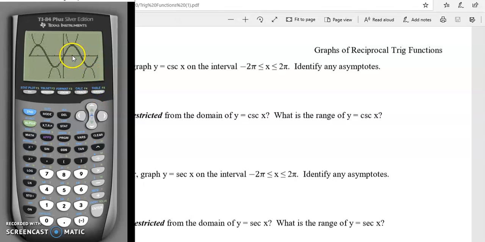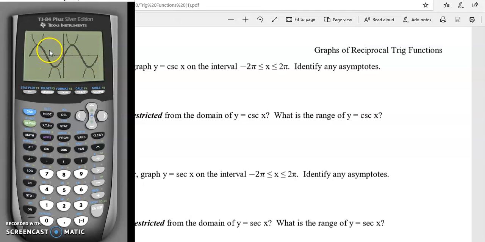So right here is pi over 2. So at 90 degrees, or pi over 2 radians, remember that the sine of 90 degrees, or pi over 2 radians, is 1. So when you flip it, you get 1. At 270 degrees, the sine is negative 1. So when you flip that, you get negative 1.